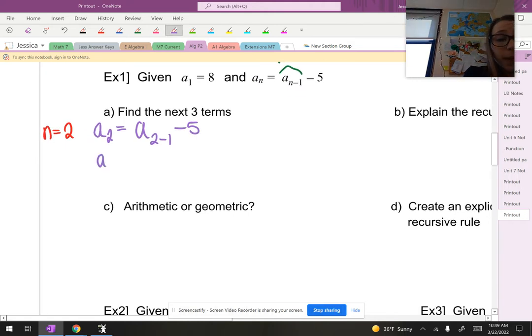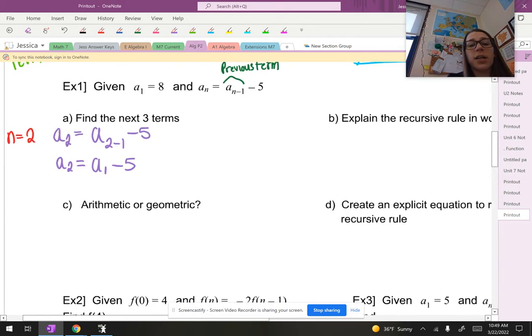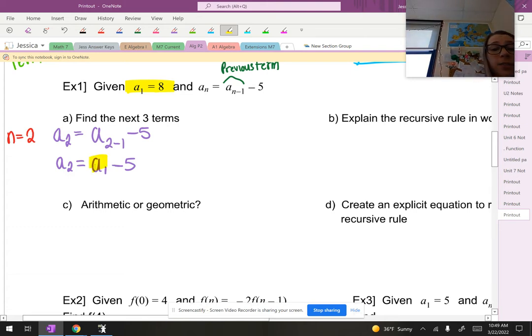Your handwriting is going to be key. So then the only little bit of math I can do is a sub 2 minus 1 turns into a sub 1 minus 5. So I can't figure out what this is unless I know what a sub 1 is. This is telling me that to get a sub 2, I need to take a sub 1 and minus 5 from that. Well, luckily, they gave me that a sub 1 is equal to 8.